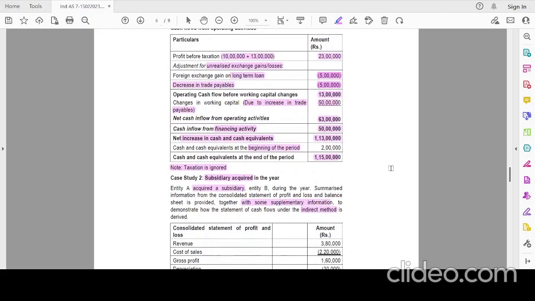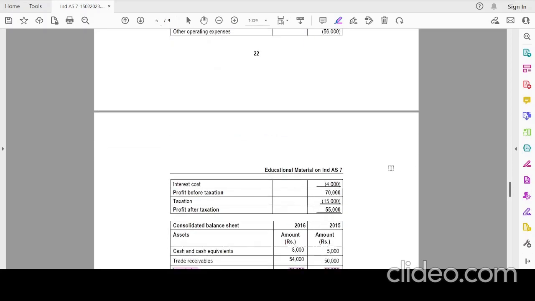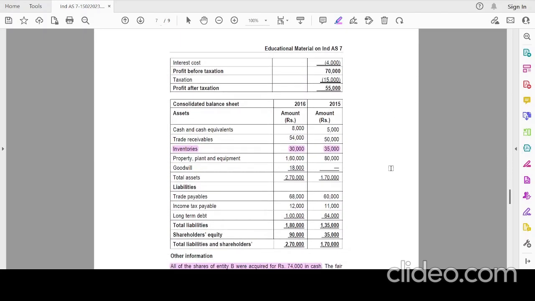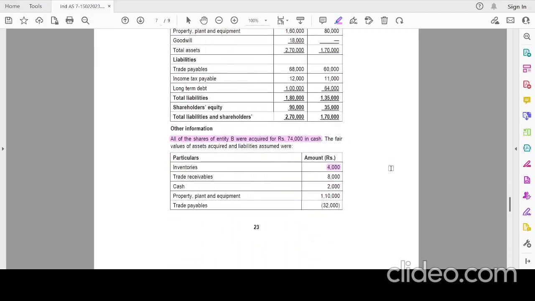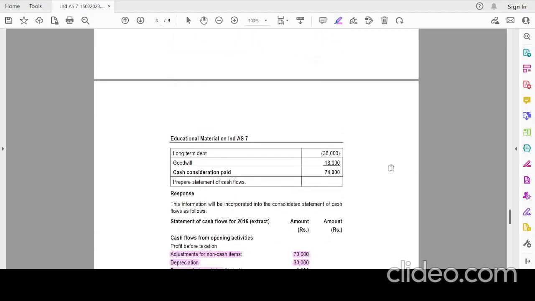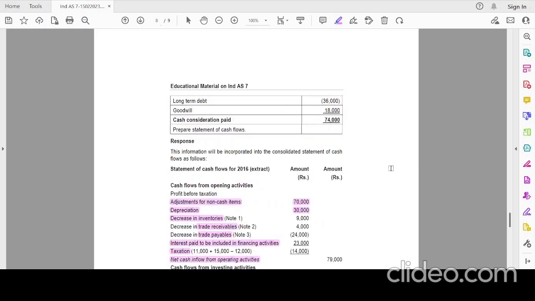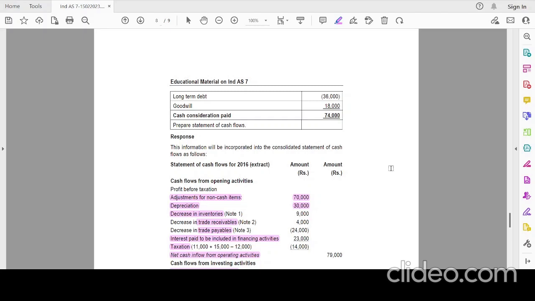Okay, let me check. Depreciation, inventories, trade receivables, trade payables, interest paid, there is nothing there.